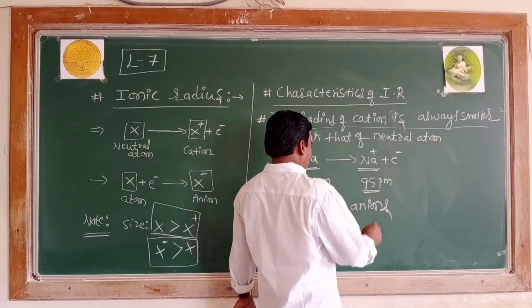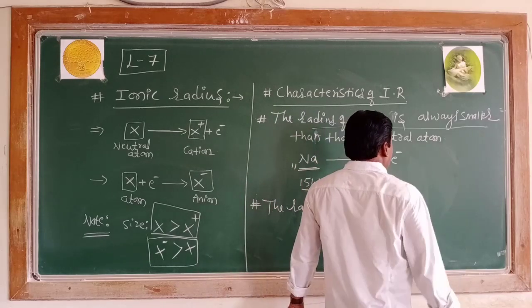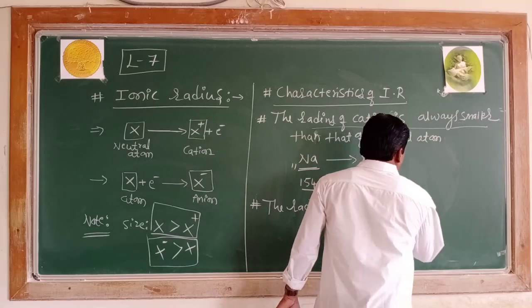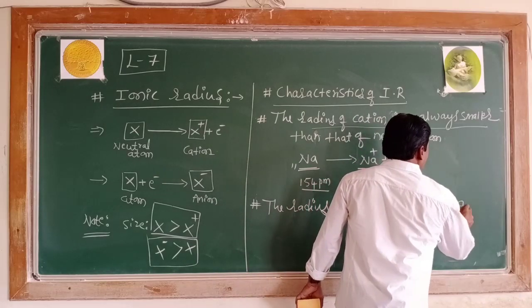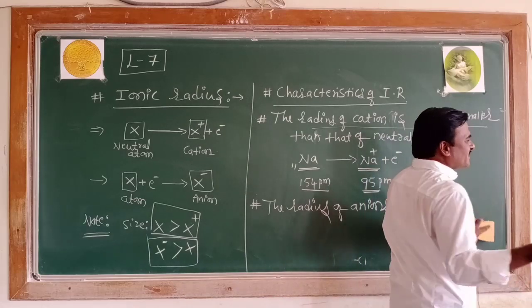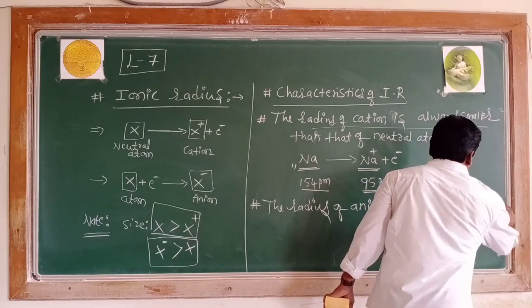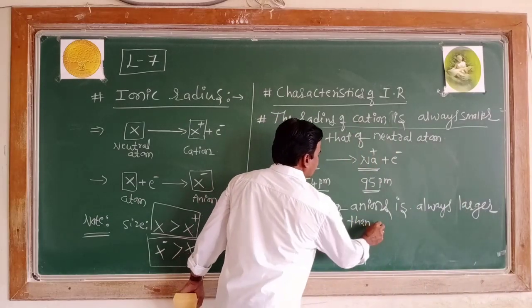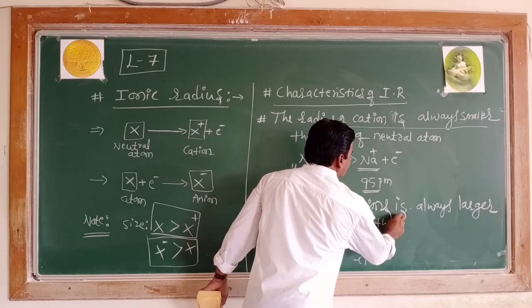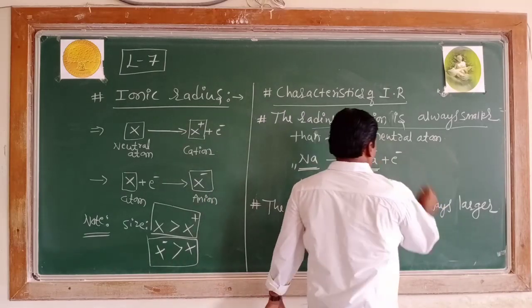The radius of anion is always larger than that of neutral atom.